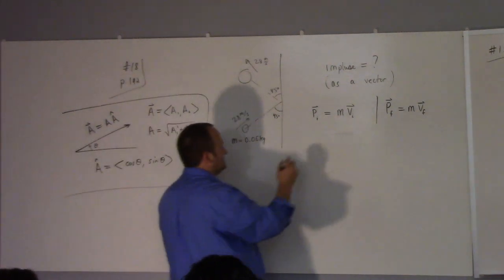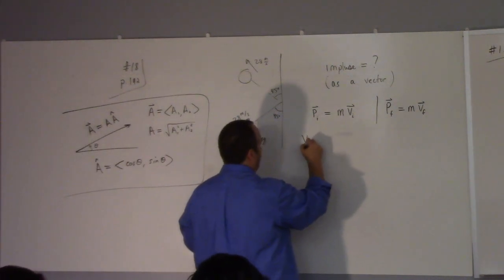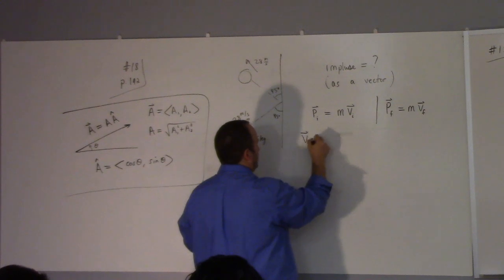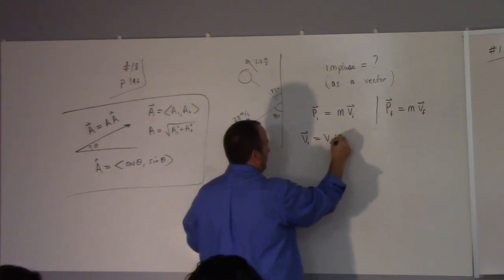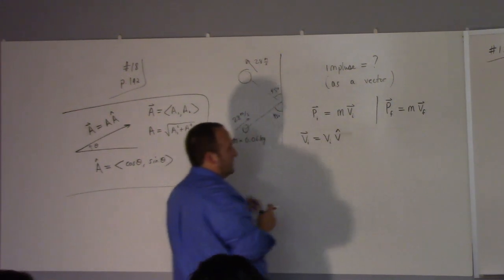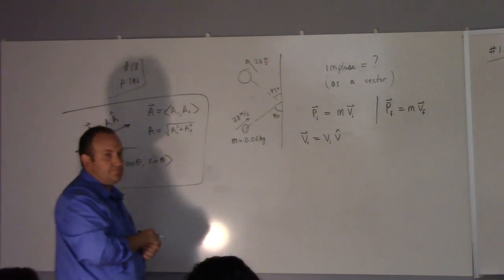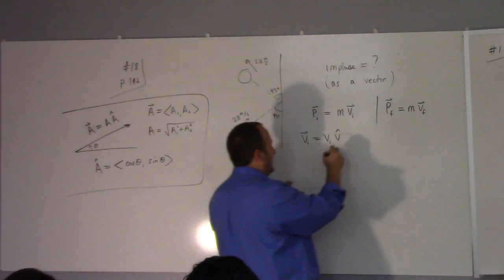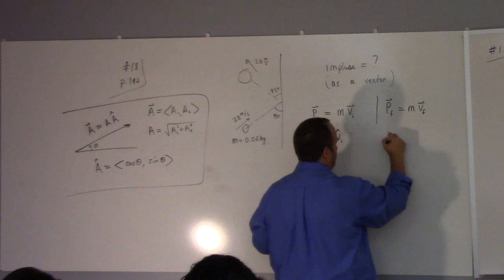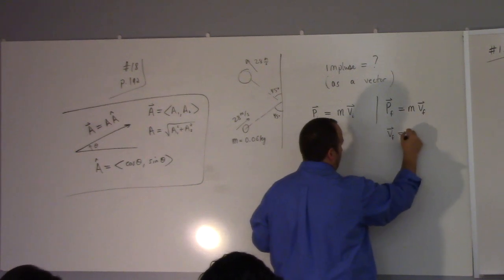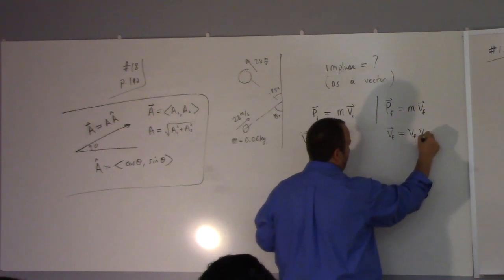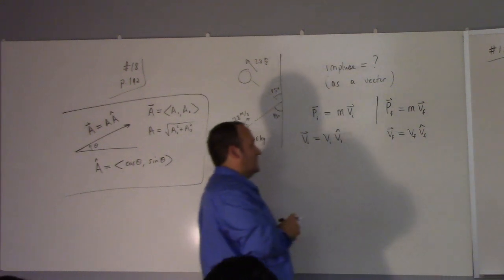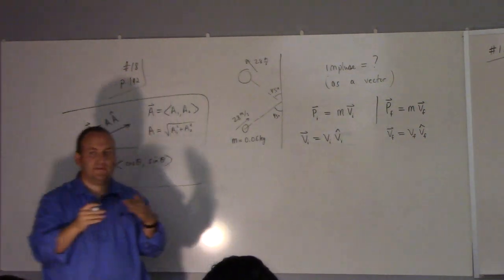What is VI? It's equal to the speed times the unit vector in the direction, right? If you put a hat on something, it gives it unit direction. So VF, I can write as the speed VF times VF hat. If you put a hat on a vector, that makes it a unit vector, right?